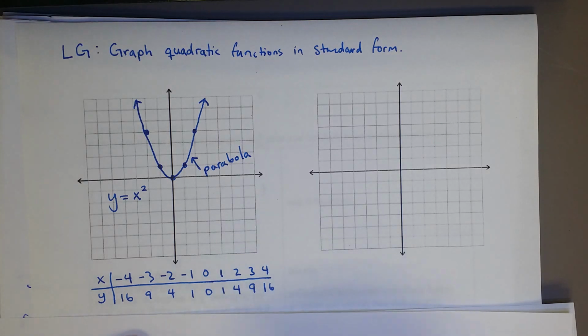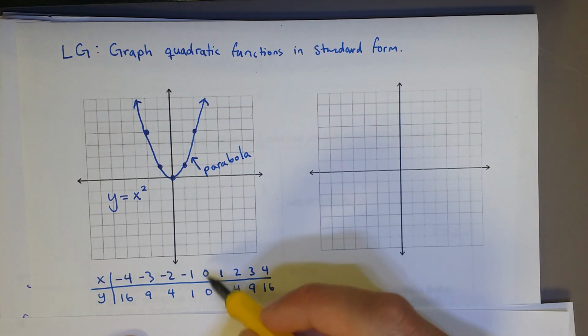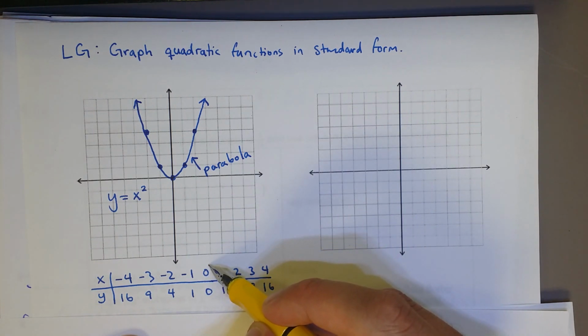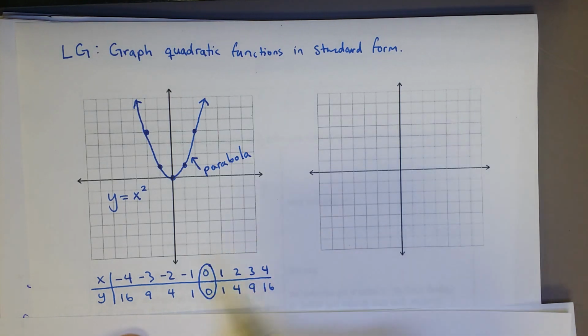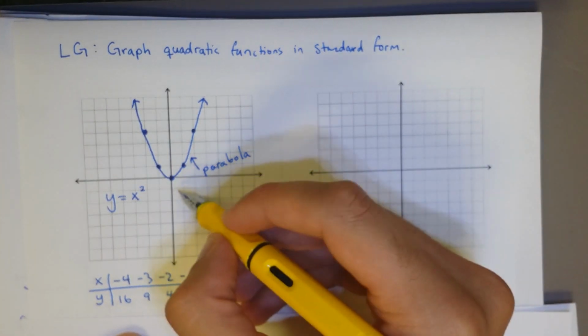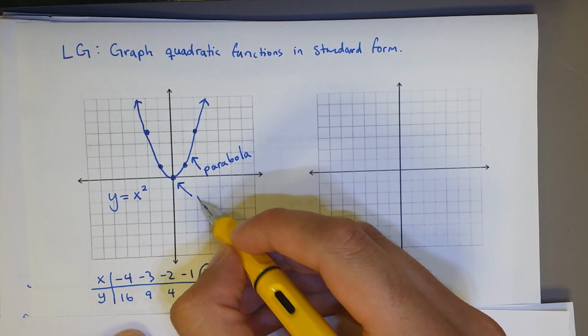The only xy pair that doesn't have a corresponding y value is the 0, 0. So we can be fairly sure that this is the vertex of our equation, and I'm going to identify it here, vertex.